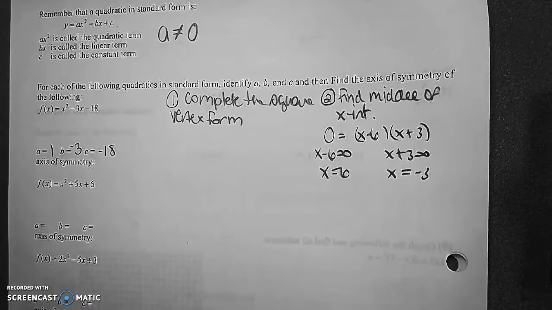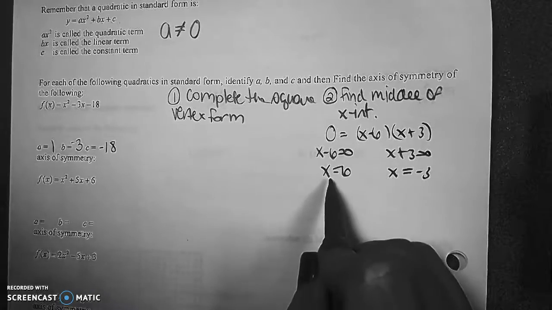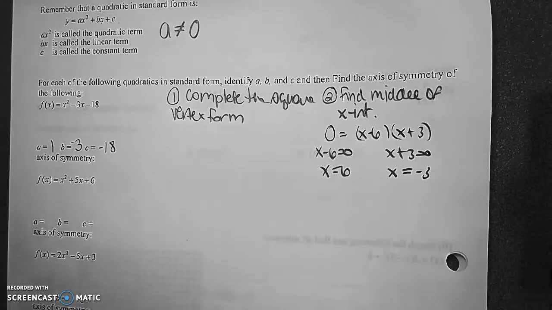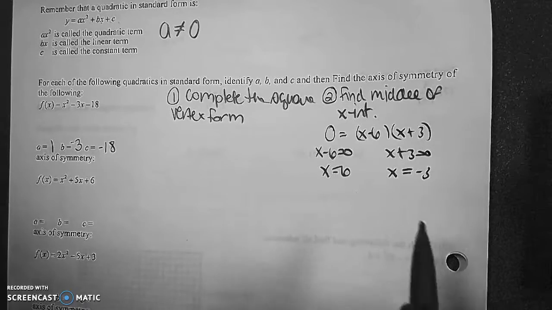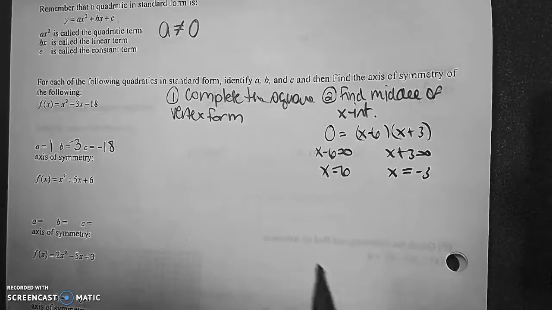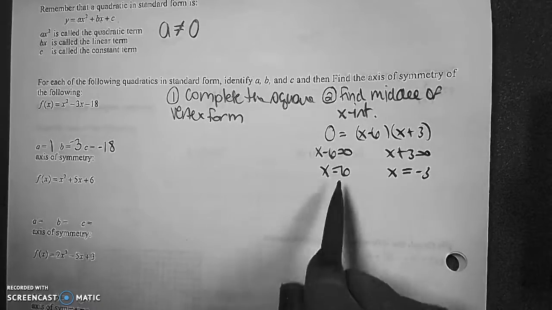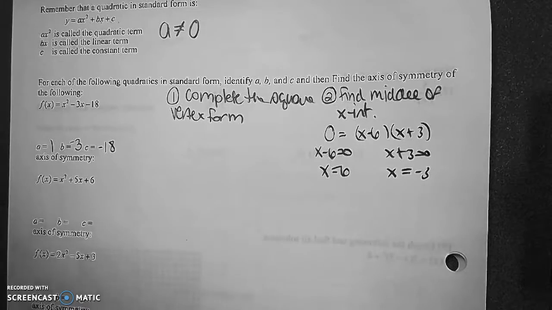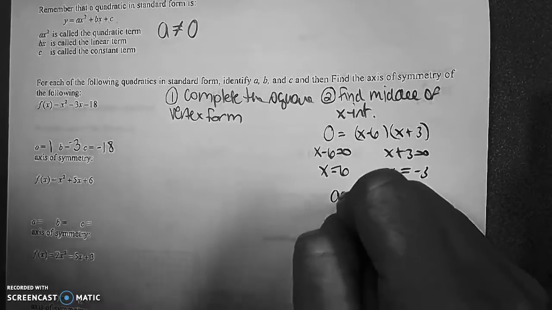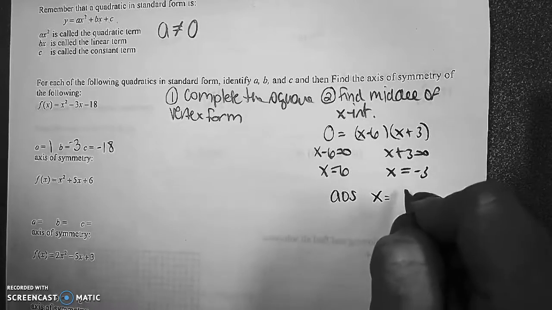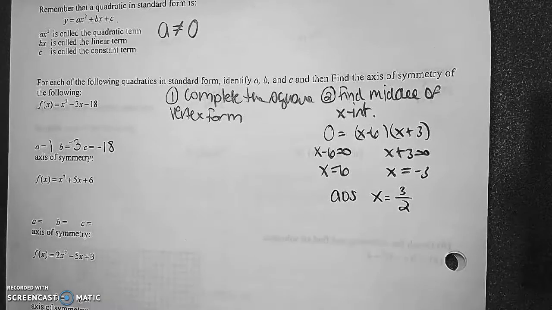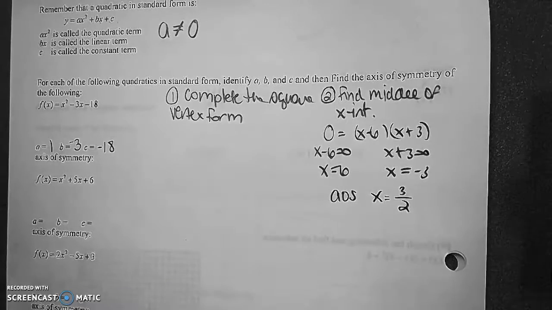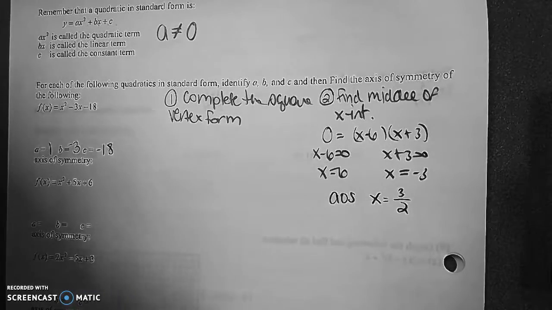The middle of those: I know that these are 9 units apart, so halfway between those would be a distance of 9/2. I can go to -3 and go right 9/2, or go to 6 and go left 9/2. Either way, I can see my axis of symmetry is going to be 3/2.